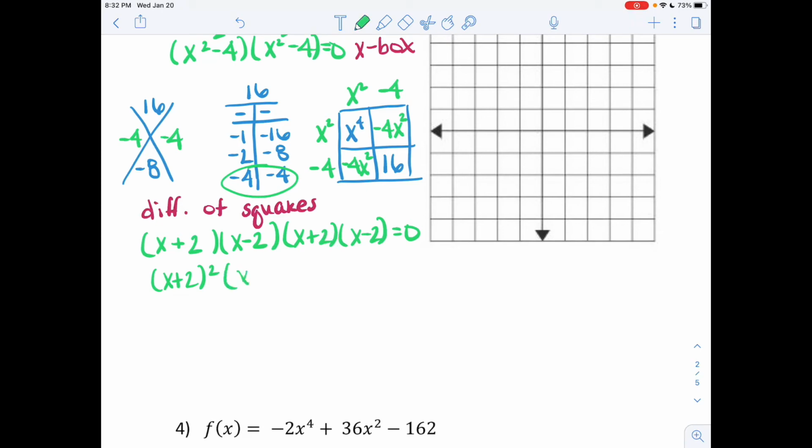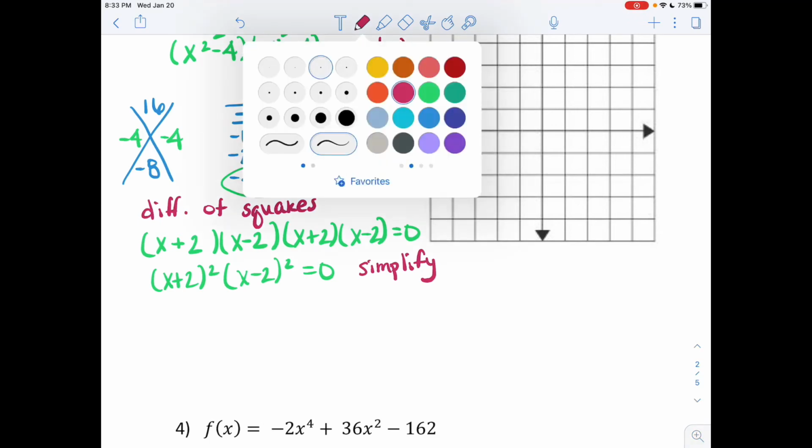And then I can do the same thing with the x minus 2 and square that and say that that is equal to 0. So again, this is just a simplify step. This is also going to allow us to identify repeated solutions like we talked about at the very beginning.